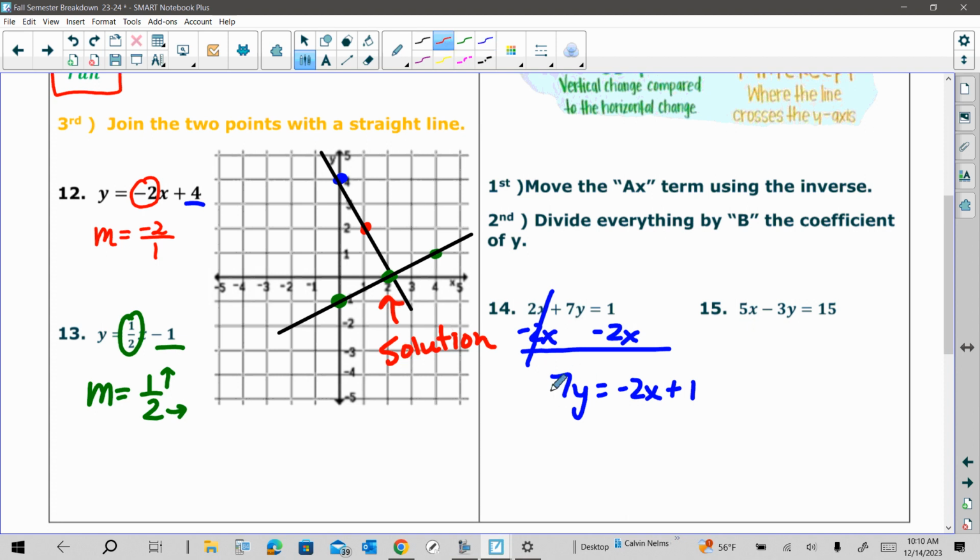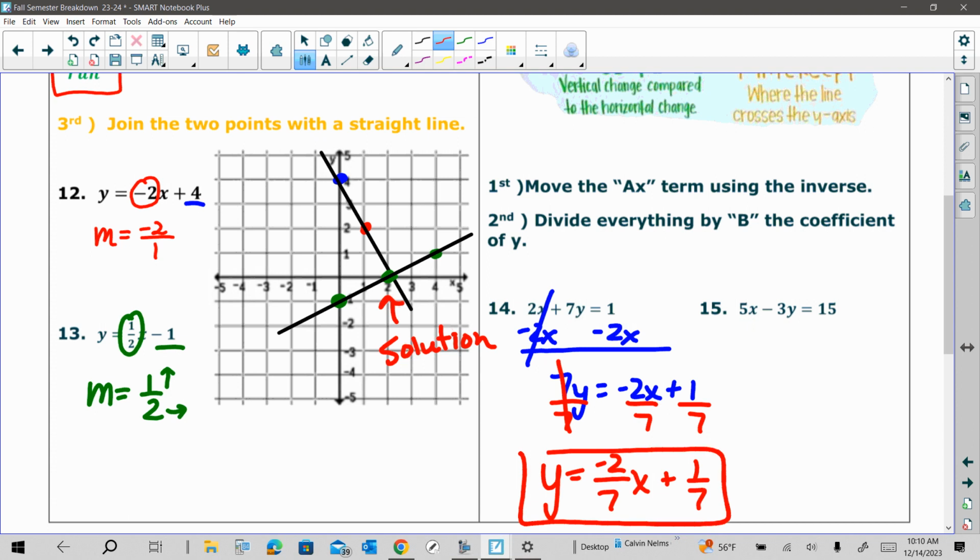The b is what's in front of the y. So we're dividing each term by 7. y equals negative 2/7 x plus 1/7. You've got to be able to get it into slope-intercept form because this is how you graph.